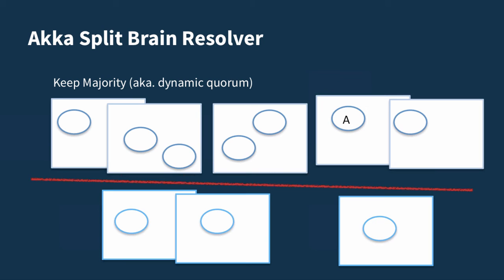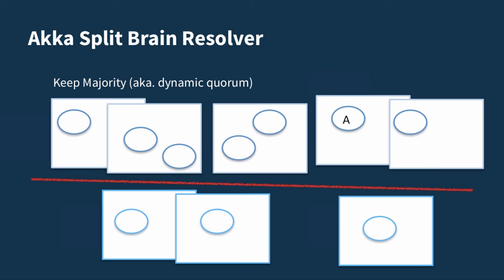Look at the United States Supreme Court. There are 9 justices, right? And that makes sense because very rarely, barring an abstention of a judge, you have an even split in the decision-making process. So always keep your distributed systems with an odd number of nodes. And in the case of keep majority, which is really a way of saying if I have 50% or more of my nodes, well, that's the one that I keep up, and the other one I take down.